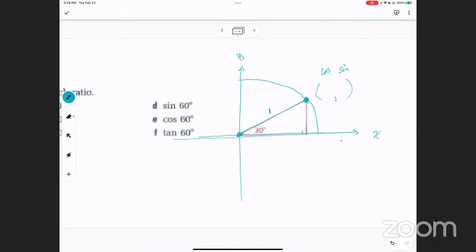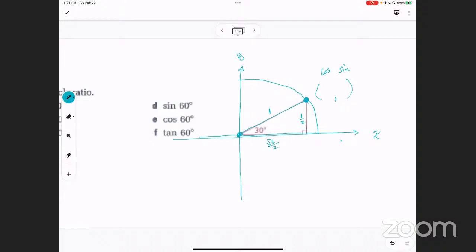So here, you can help me fill this in. If this is 1, what's the side across from 30? What's this side got to be? 1/2. And this, the longer side, is what? Square root of 3 divided by 2.